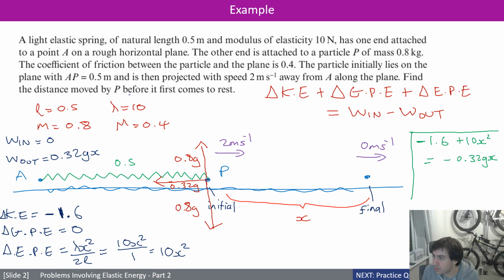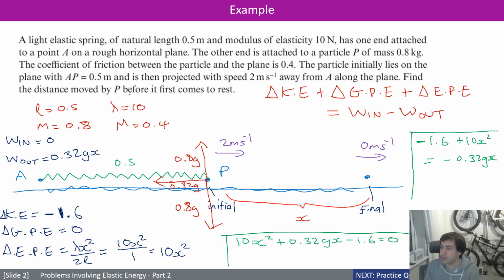So we end up with our final equation, which is, let's write it as a full quadratic, 10x squared plus 0.32 g x minus 1.6 equals 0.